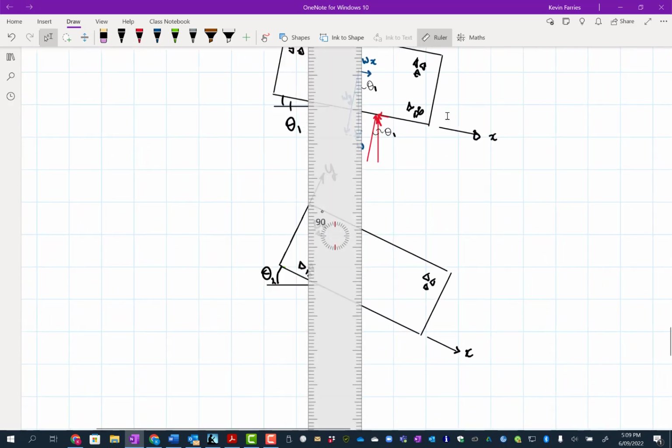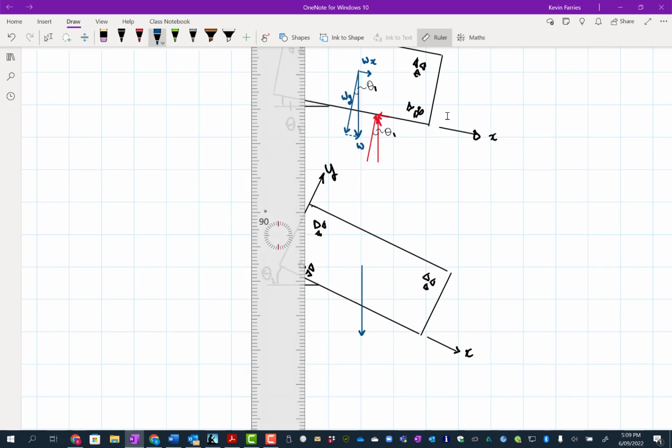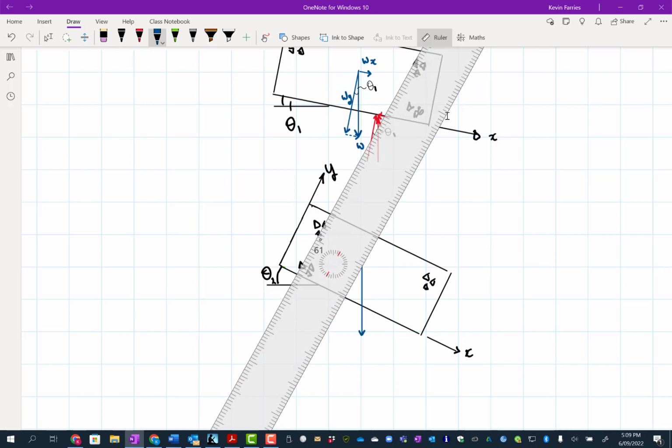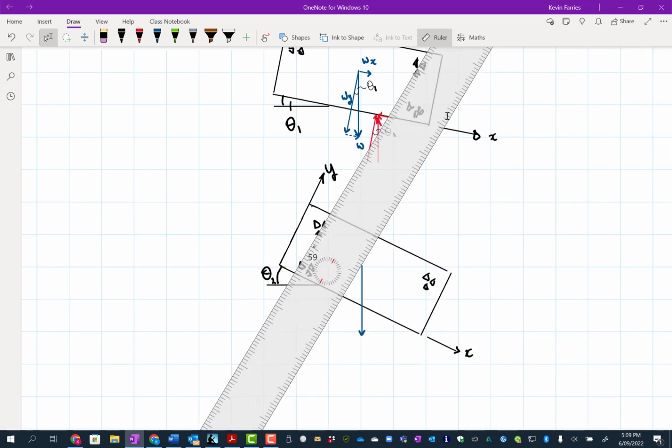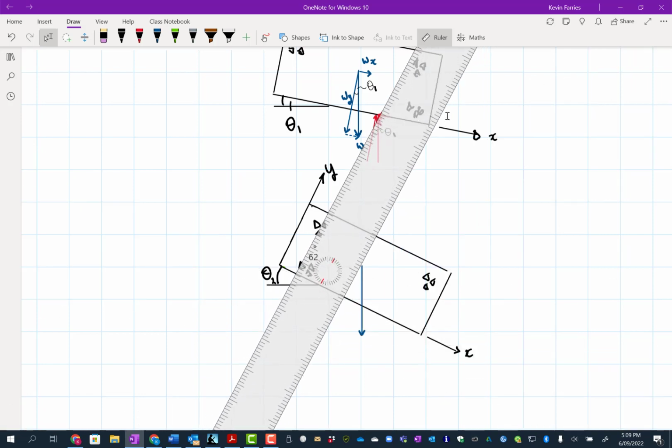But if you increase the angle further, the weight's still going to be the same. It's not going to change. It's going to go straight down. It's going to have the same magnitude. But this time when we split this into its components, the normal force has dropped. The 26 is just what I've drawn it as, so that must be 64.